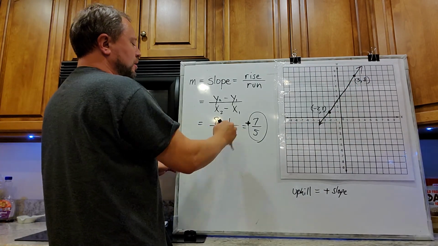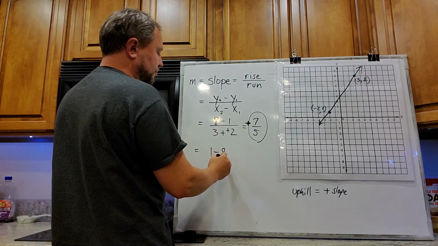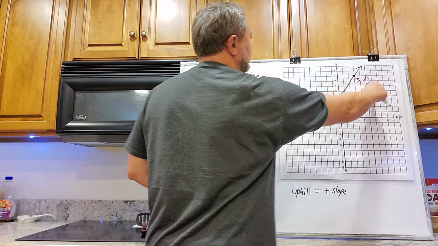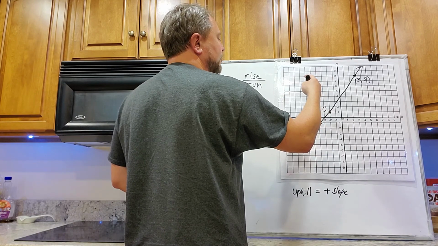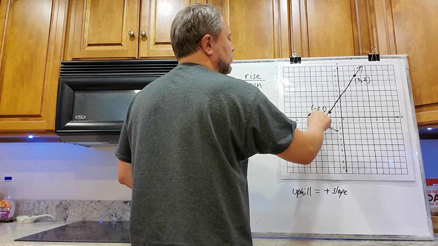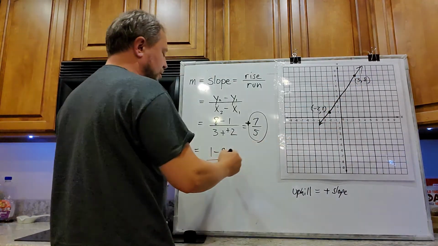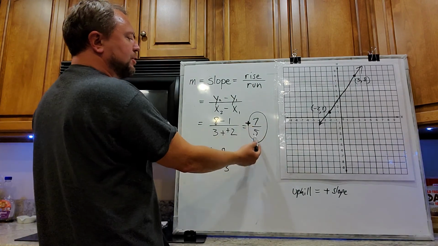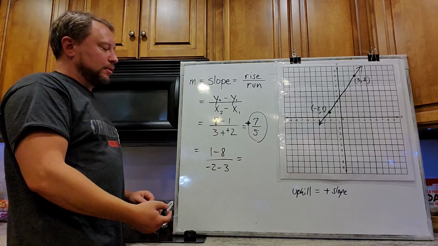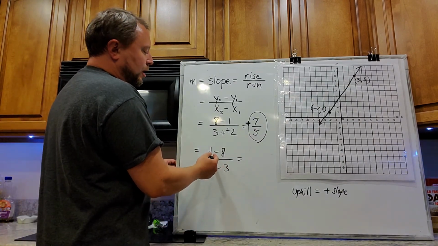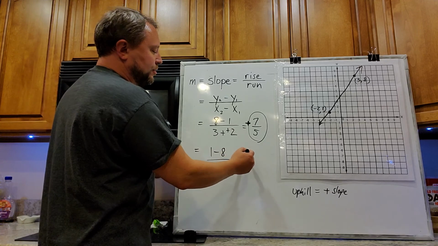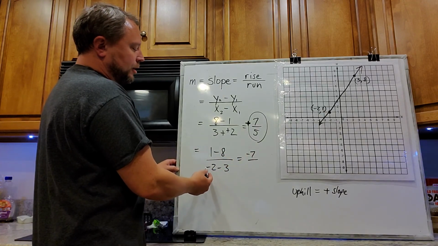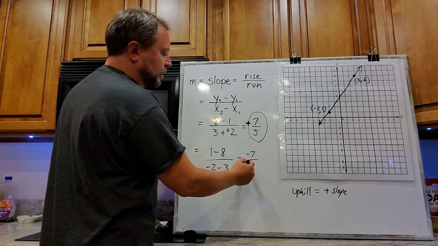So instead of 8 minus 1, let's do 1 minus 8. So if I do that pattern where I'm going left to right, I've got to do it again with the x values and go left to right. So it'd be negative 2 minus 3 on bottom. Now I want to show you we're going to get the same result. But here's the difference. On this one, 1 minus 8 gives me negative 7. And down here, negative 2 minus 3 gives me a negative 5.